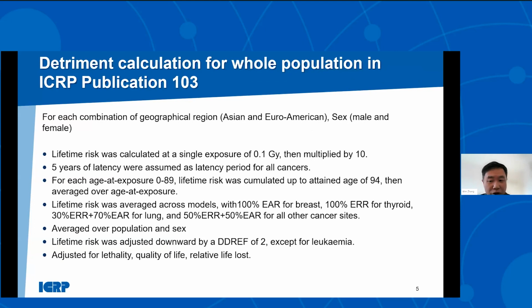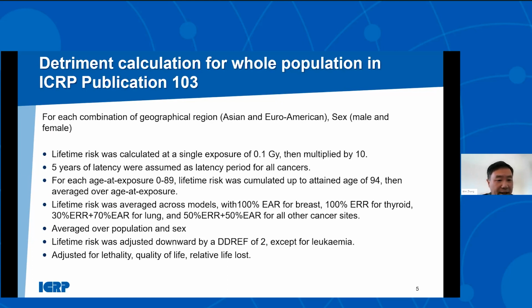The calculation procedure for the ICRP detriments is listed in this slide. For each combination of geographical region, either Asian or Euro-American population, and sex, male and female, lifetime risk was calculated at a single exposure of 0.1 gray, then multiplied by 10.